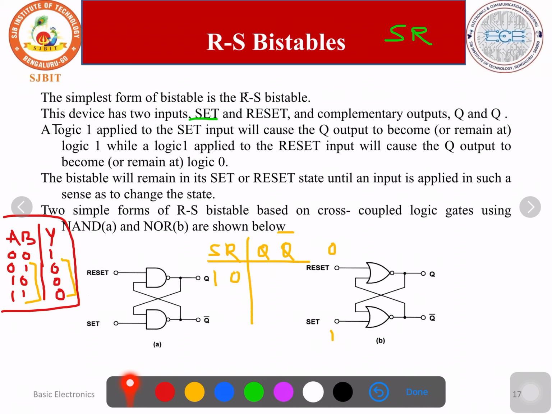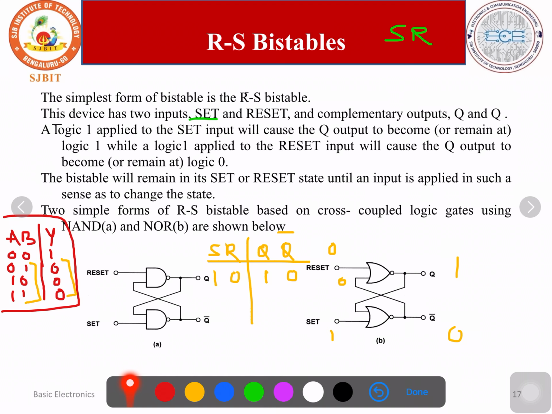So S is 1, so output becomes 0. This 0 comes here. 0 plus 0 is 0, 0 complement is 1. So Q becomes 1, Q bar becomes 0. This state is called a set state, because S is equal to 1, R is equal to 0.